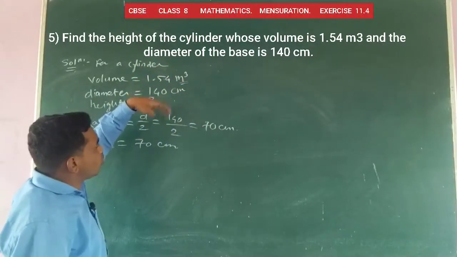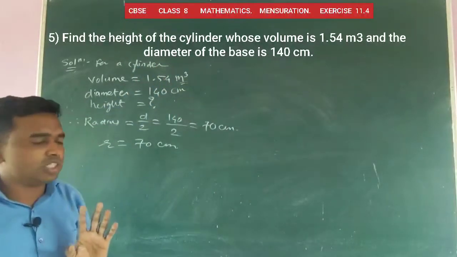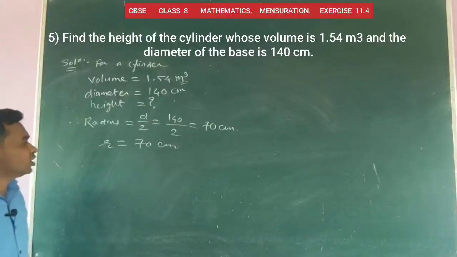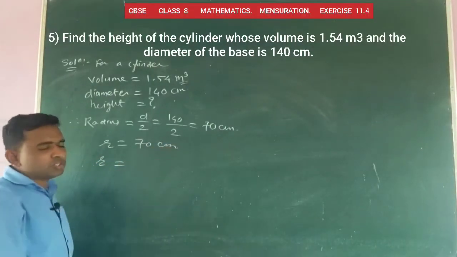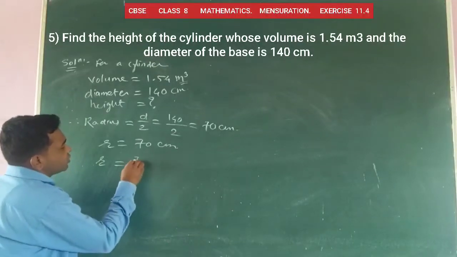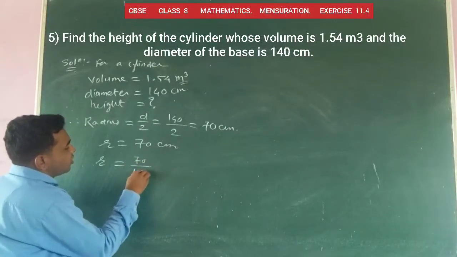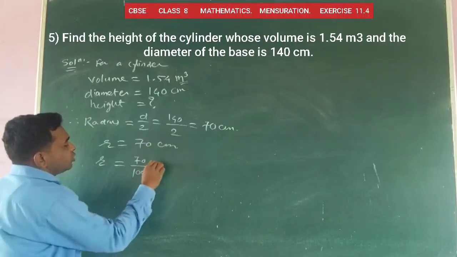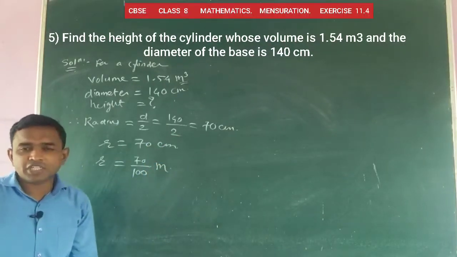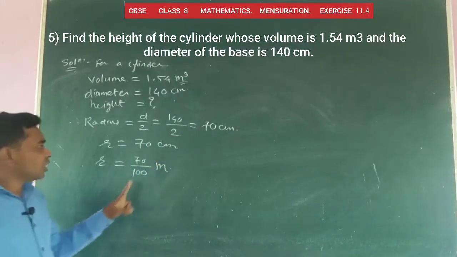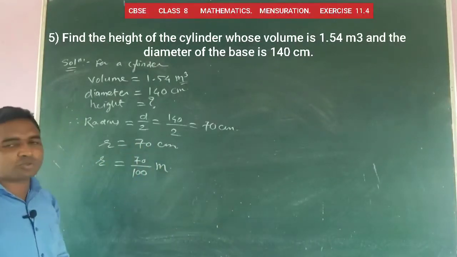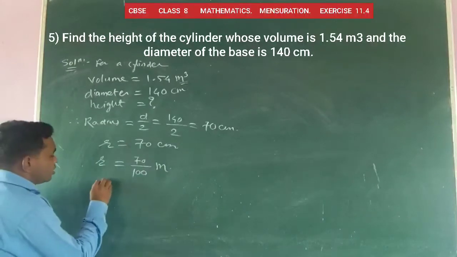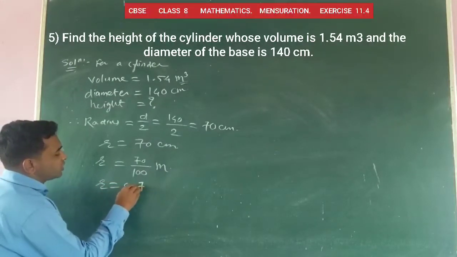So these both units are different, they are not the same unit. So simply convert the centimeter into meter. So 70 upon 100 and the new unit is meter. Now simply divide 70 by 100, and the radius is equal to 0.7 meter.